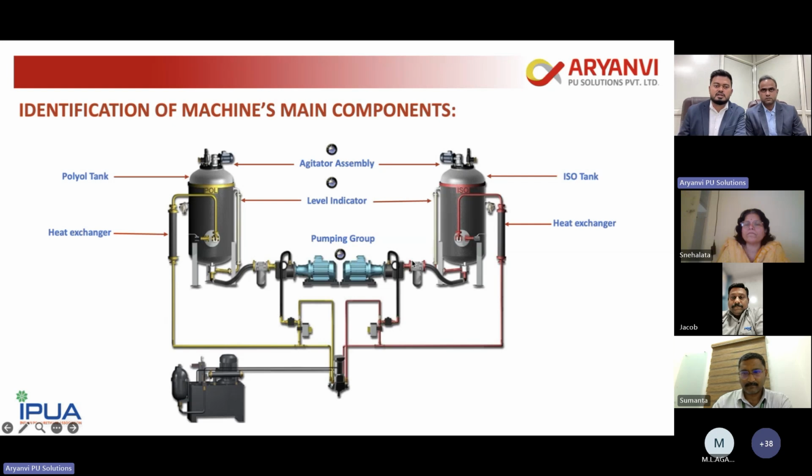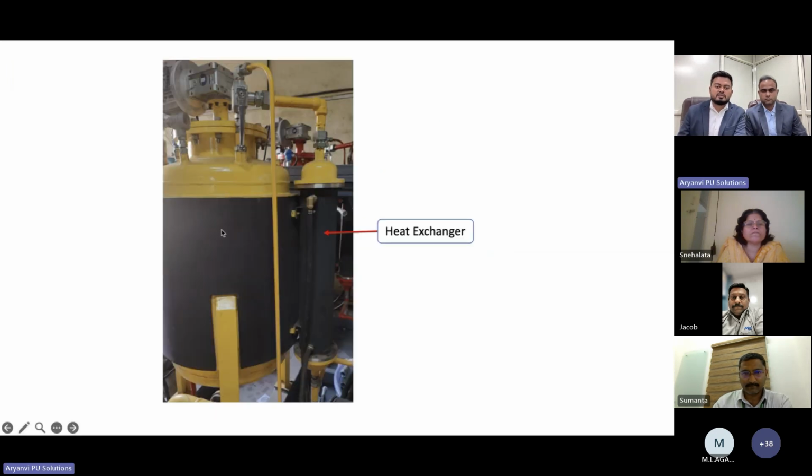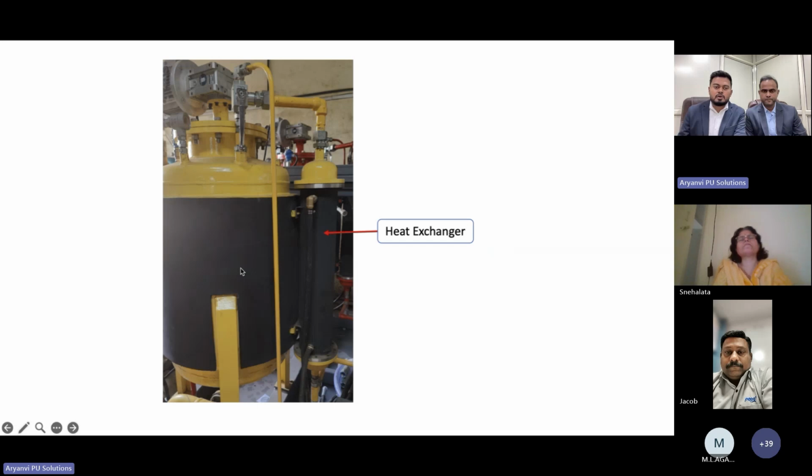Heat exchanger. This is the heat exchanger, and it is placed in the return line of the machine. It plays a very important role in maintaining the temperature of the chemicals. Isocyanate and polyol, both chemicals' temperatures need to be maintained in a certain range, which is recommended by the chemical manufacturer or chemical supplier.